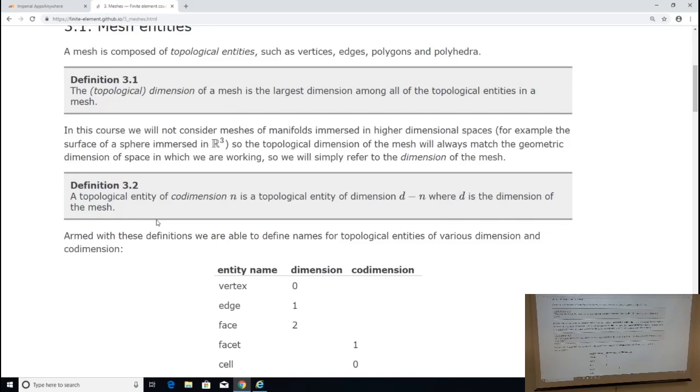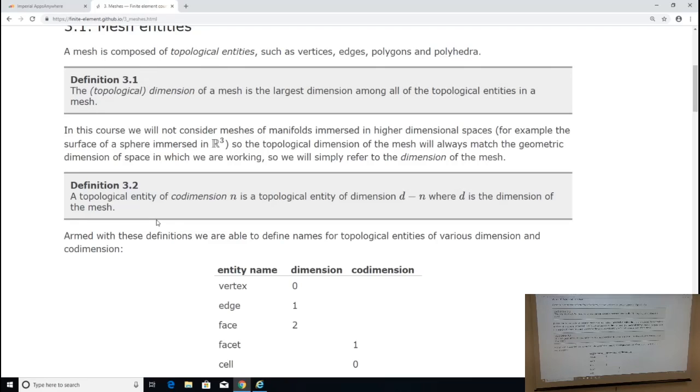The other very, very useful concept here is codimension. It's not just useful to think of the dimension of objects, so a vertex is dimension 0, an edge is dimension 1, and so on. It's useful to think of their dimension relative to the full dimension of the space you're in. And that's the codimension.